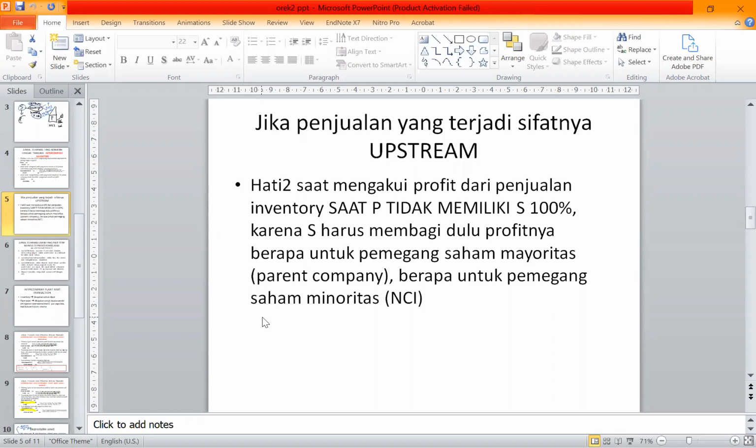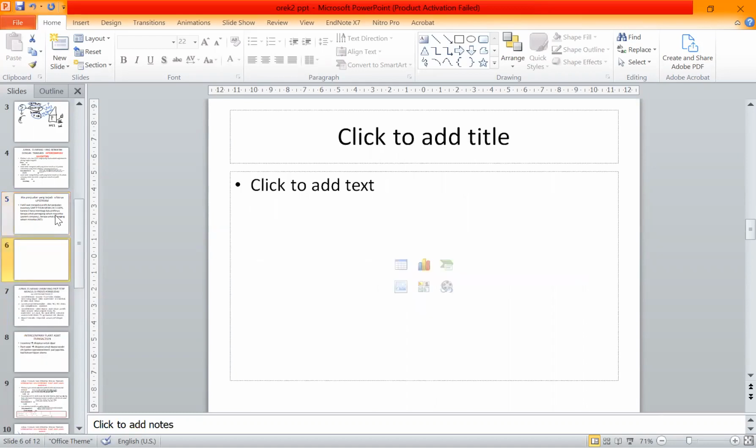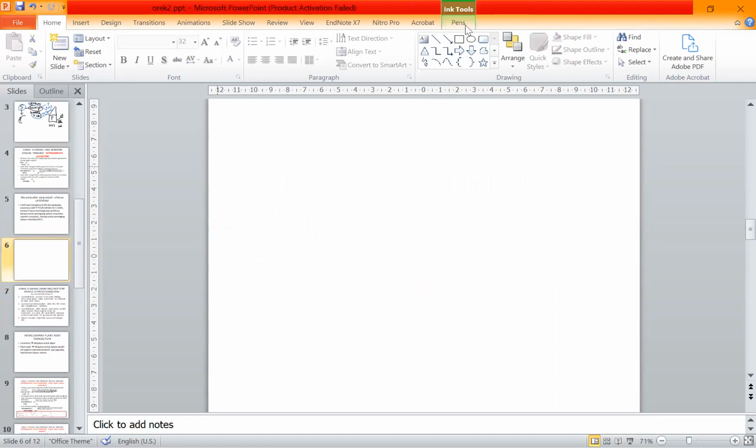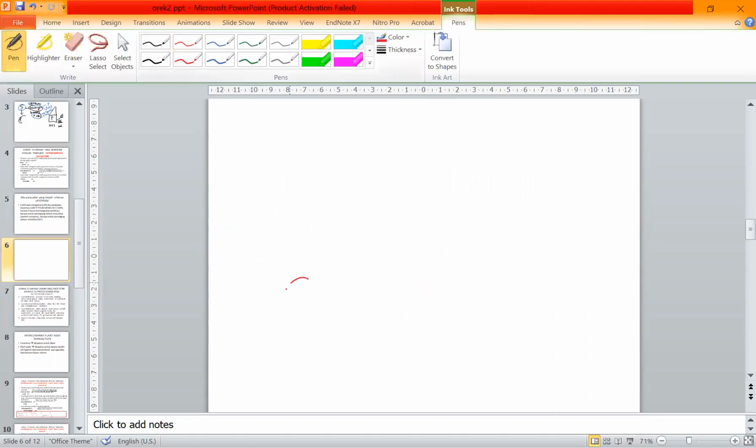The previous discussion was about when the intercompany inventory transaction is downstream. And how about the upstream? The upstream occurs when S sold inventory to P. So that's why it's called upstream.